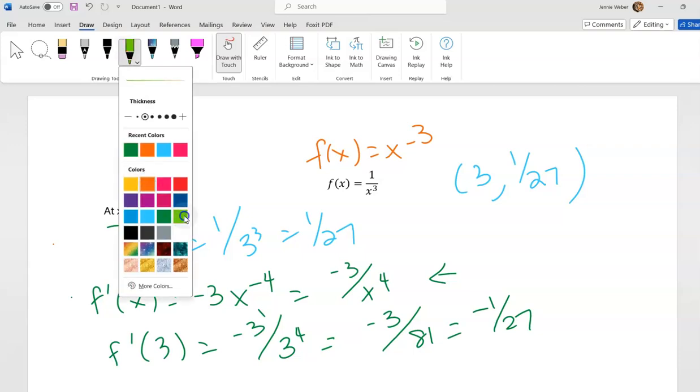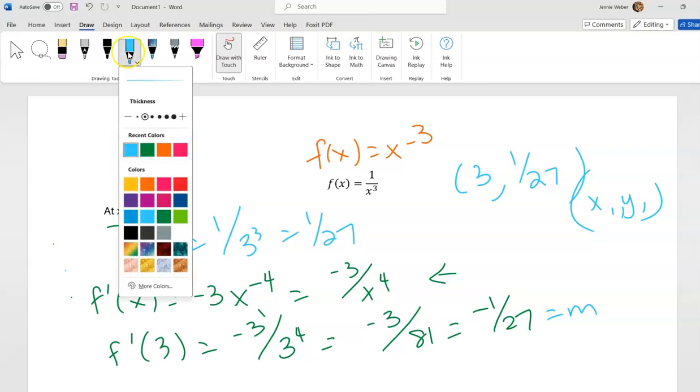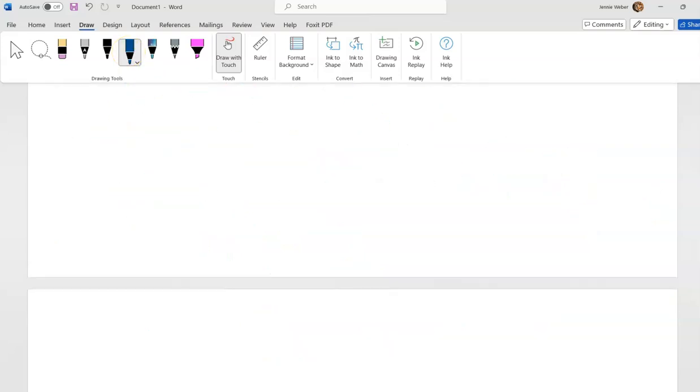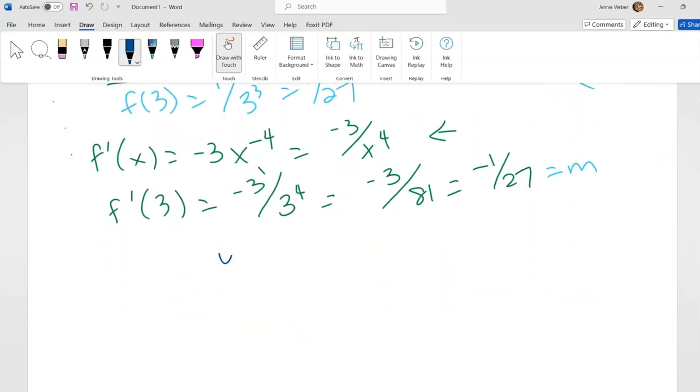Okay, now I've got all my pieces, right? So this here is slope. This is my x1, y1. So now I'm going to use my good old point slope that I just love. Okay. So y minus y1 equals m times x minus x1.